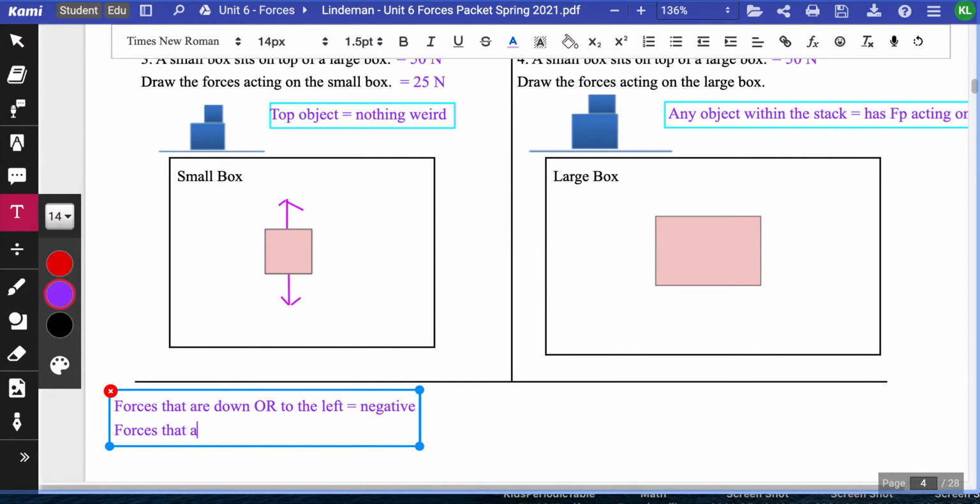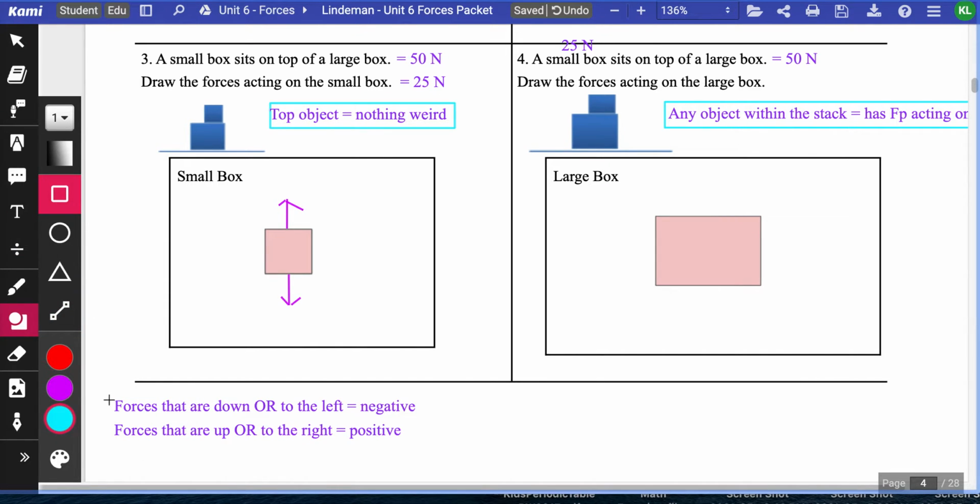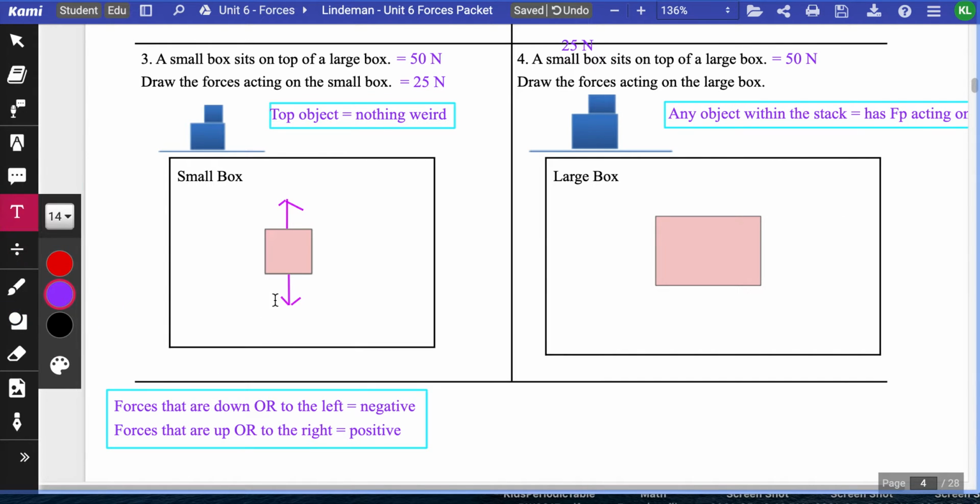Forces that are up or to the right equal positive. Okay, and this is just kind of a weird physics thing. It's just something that you have to memorize. So let's keep this in mind as we are labeling our forces.